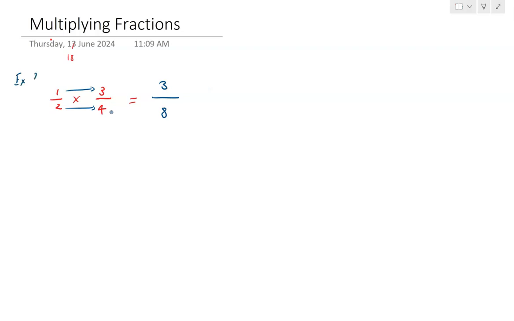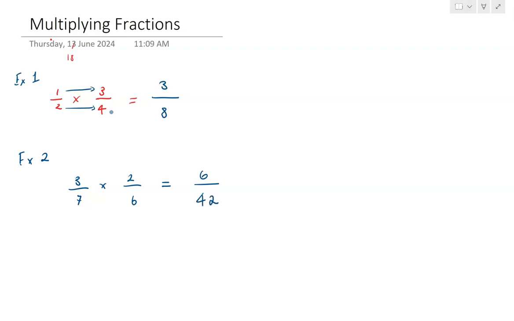Alright, example 2. Multiply 3. So 3 times 2 is 6. What's 7 times 6? 42. Very good.